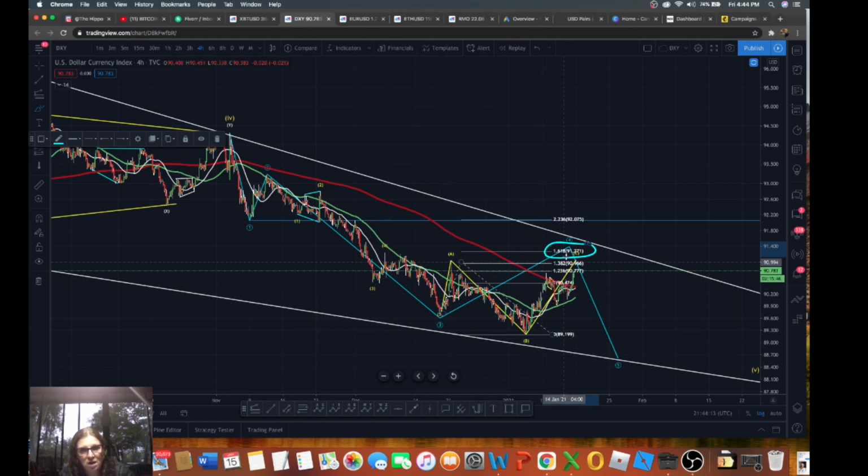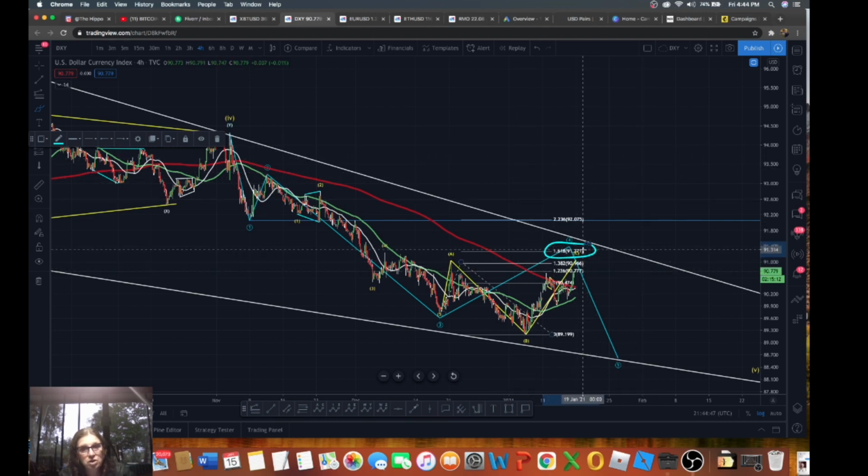We're not creating an ABC for the fourth, and we still have a fifth to come, and the fifth was here, and we're on our way out of this wedge, which would possibly create a bigger dump for Bitcoin, or Bitcoin could hold and consolidate sideways. I've seen that happen. When the DXY pumps, Bitcoin will either dump or it will consolidate.